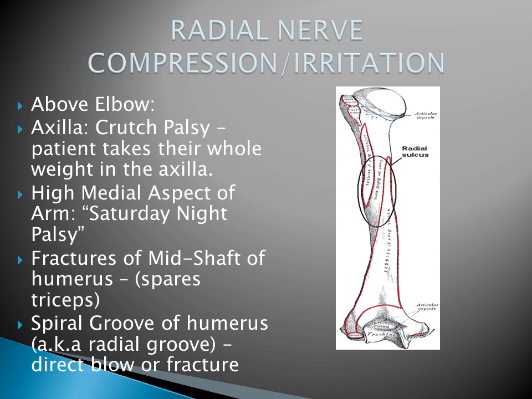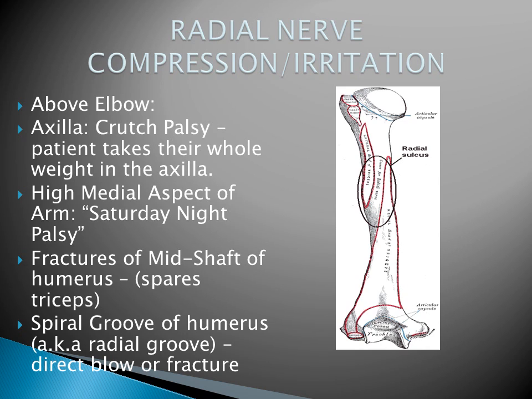We're going to see that most of the radial nerve compression syndromes take place at or below the elbow. But there are a couple of interesting compression neuropathies that take place above the elbow, probably the most frequent of which takes place in the axilla or in the high medial aspect of the upper arm.